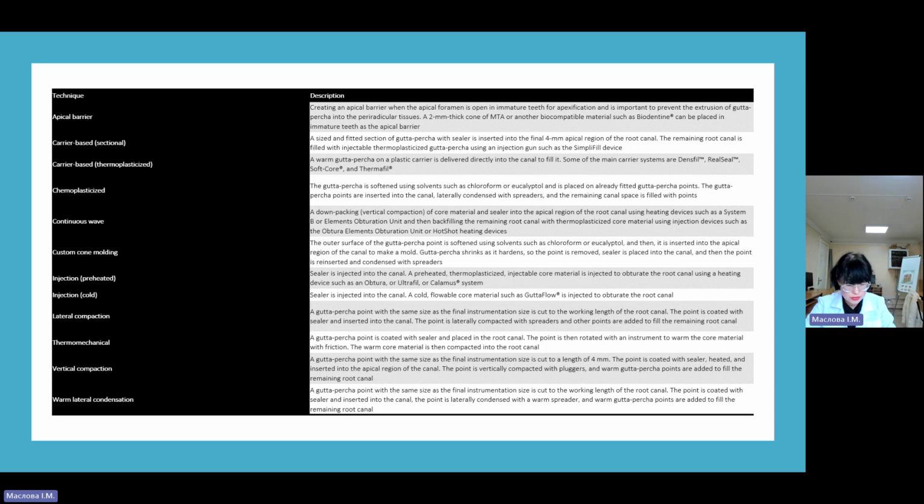Unfortunately, it also exhibits some degree of cytotoxicity, although lower than that of conventional root canal sealers. It shows exceptional antimicrobial properties regardless of the irrigation protocol used. And the next, BC sealer, also known as iRoot SP.